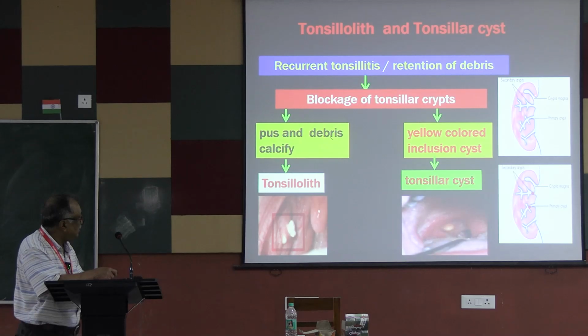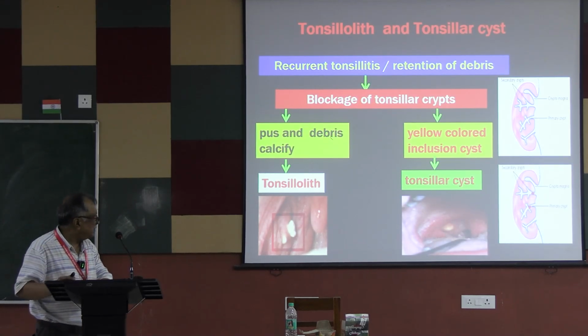The tonsillar cyst: you see, this is the crypt of the tonsil. Suppose you block that, what will form? That will form a cyst here, with a very faded color, and it is enlarged, mostly present in the superior or inferior part. Here is another picture of the cyst.